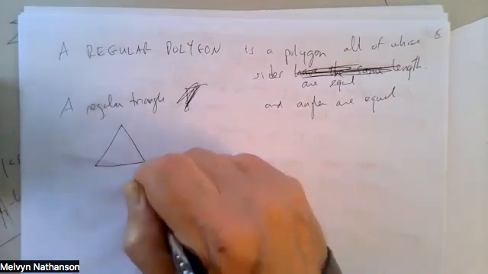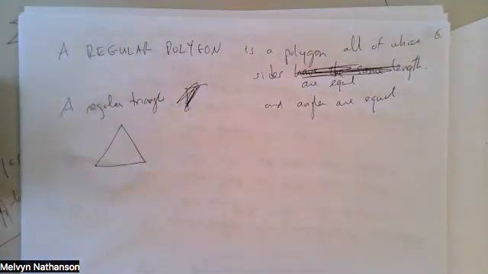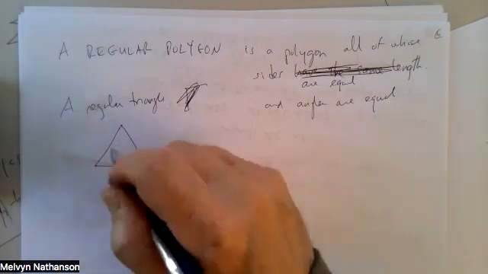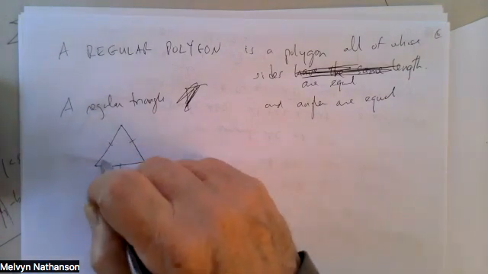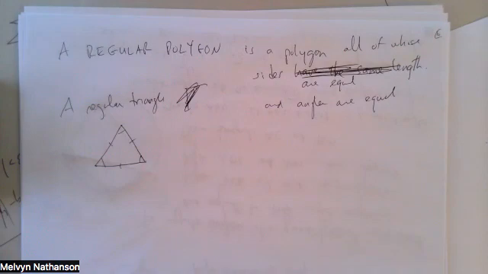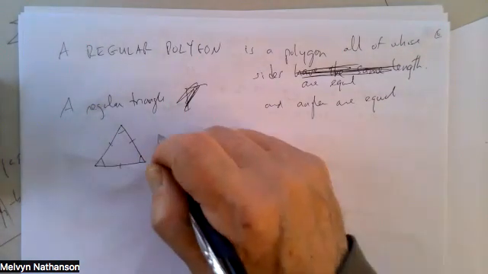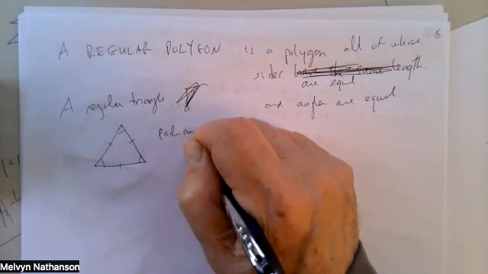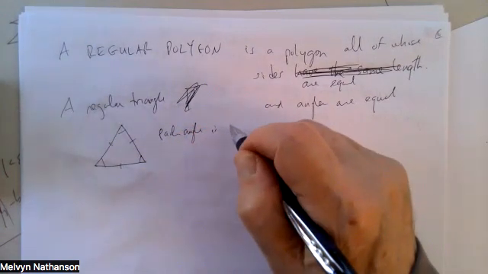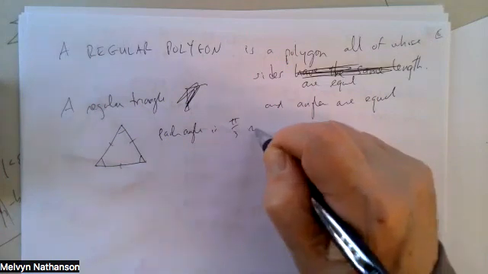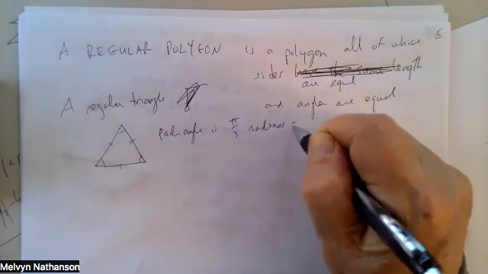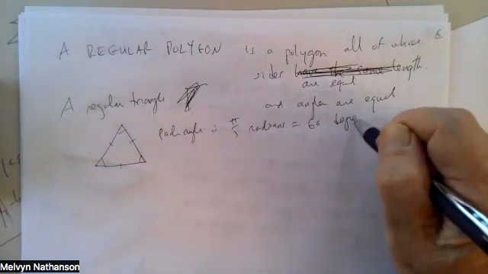So a regular triangle is what we call an equilateral triangle. You have three sides all the same length and three angles all equal. And if the angles are all equal, each angle is pi over 3 radians, or 60 degrees.